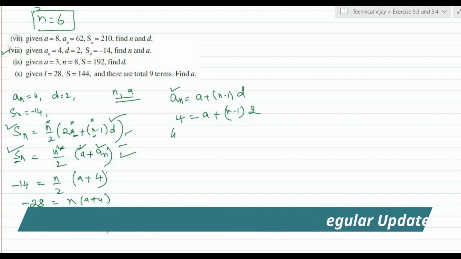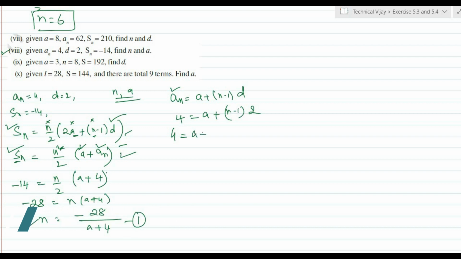So 4 is equal to A plus, N means minus 28 divided by A plus 4, minus 1, into 2. So 4 is equal to A plus, here you see LCM, this is A plus 4, minus 28, minus of A plus 4 means minus A minus 4. So this is 1, into 2.